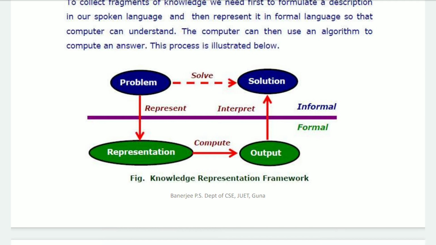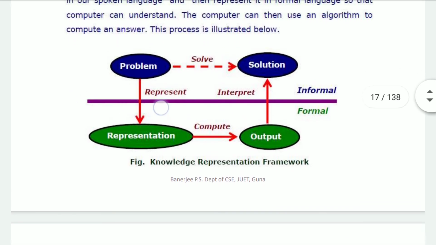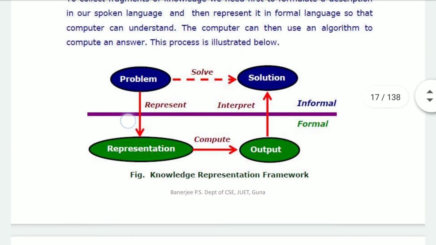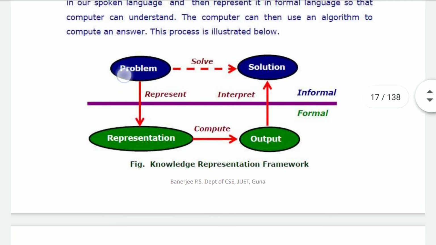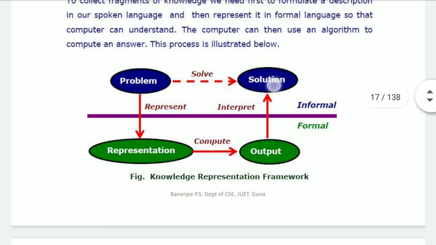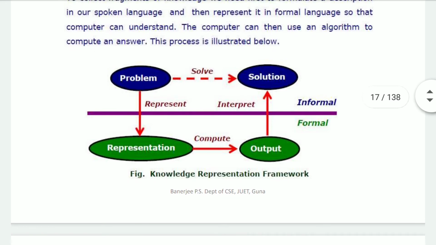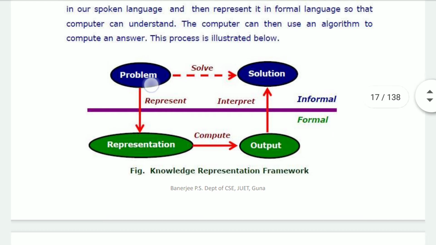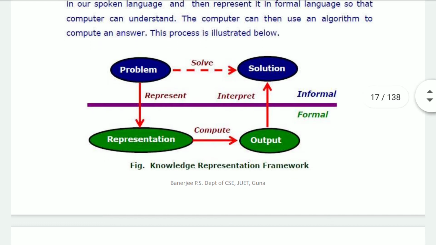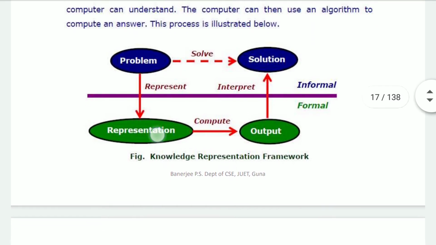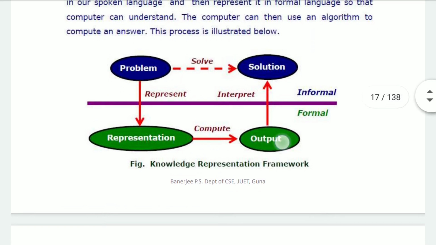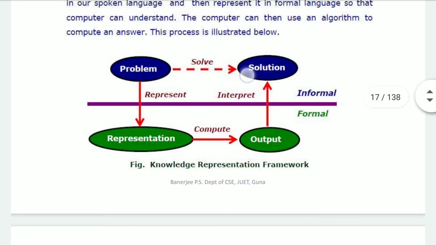In this diagram, we have a central thick line, this pink color line, right? Above it, we have the problem and its solution. This is an informal approach. I am given a problem, I solve it, and I come down to the solution. But I can also come from the problem to its representation, and then this represented problem can be computed to give an output, and this output's formal representation is nothing but the solution.